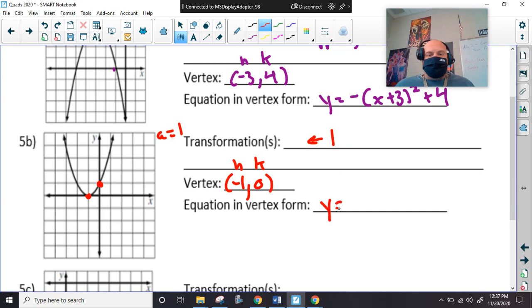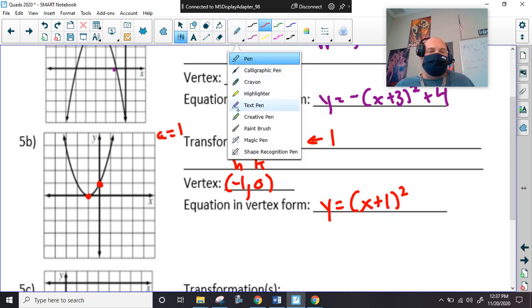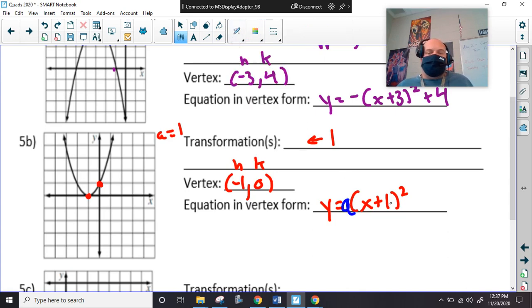So the way this would look, that's it. You don't have to plug in, like used to. We would have students that when they had to do this, they would write an A here and put a plus K here. There's really no reason for that if A is 1 and K is 0. So there's absolutely no reason for us to do that in this instance.